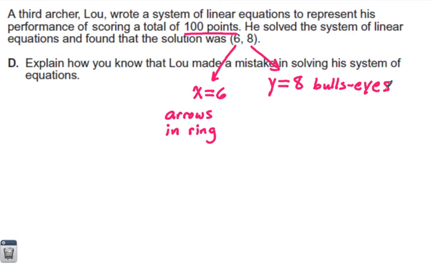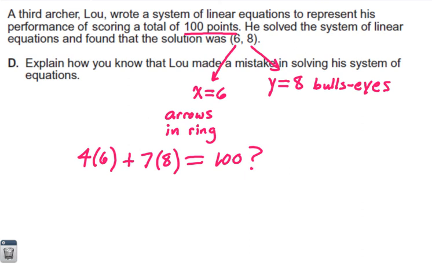All right? So explain how you know that Lou made a mistake. Why can it not be true that it was 6 arrows in the surrounding ring and 8 arrows in the bullseye? Well, let's double check. That must not equal 100 points. So we would do 4 times the 6, because 4 points for every one of those 6 arrows, and then 7 points for every one of these supposed 8 bullseyes.